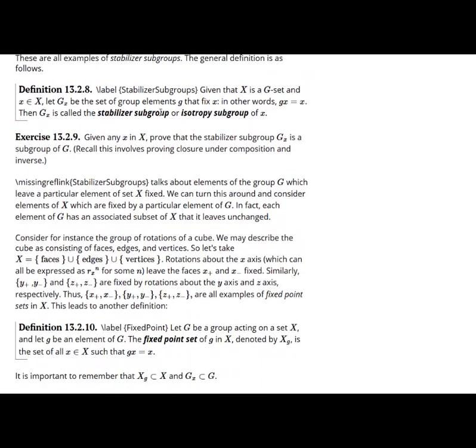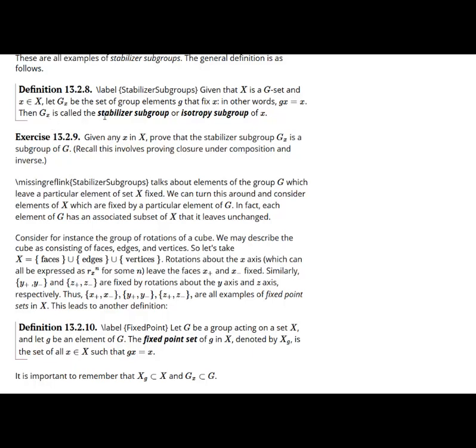So our general definition is, given that X is a G-set, so X is a generalization of the cube and G-set is a generalization of the rotations. Given that X is a G-set, and take any element x in X, we let G sub x be the set of group elements that fix x. In other words, gx equals x.